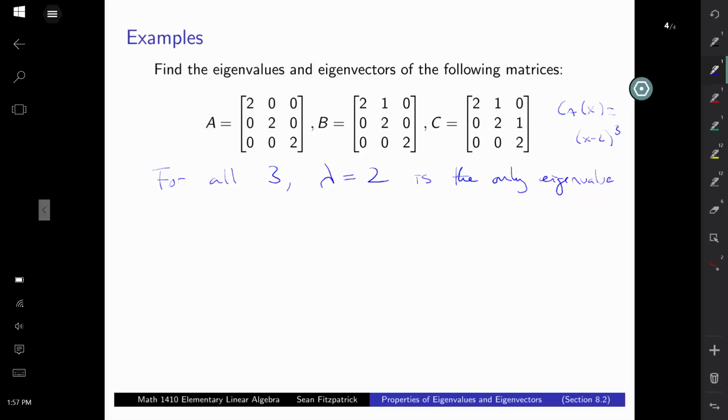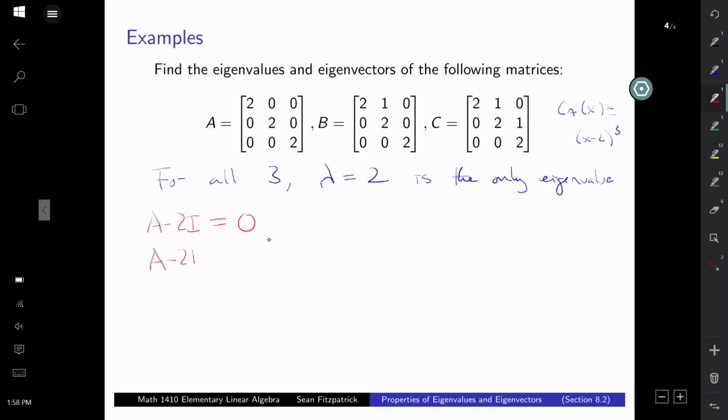So if I were going to try to find eigenvalues and eigenvectors, well, this is sort of interesting, because for the first one, if I do A minus 2 times the identity, well, A is 2 times the identity, so I just get the 0 matrix, right? And so when I'm looking for an eigenvector, what am I trying to do?